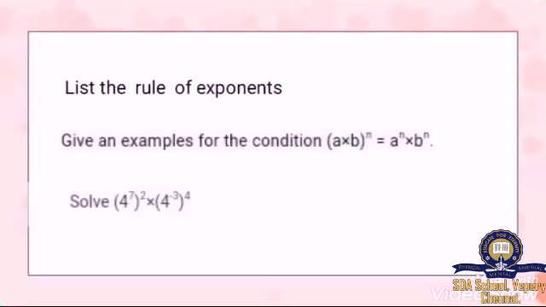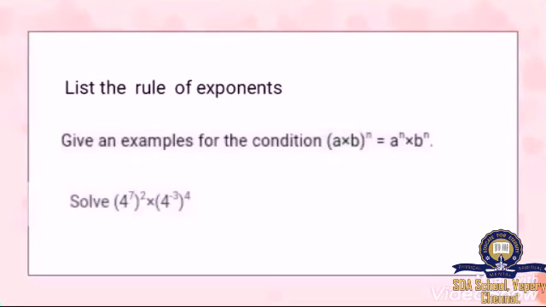Now, according to this, I get 2 raised to the power 2 into 3 raised to the power 2. We already know that 2 square is 4 and 3 square is 9. So 4 into 9 is 36.